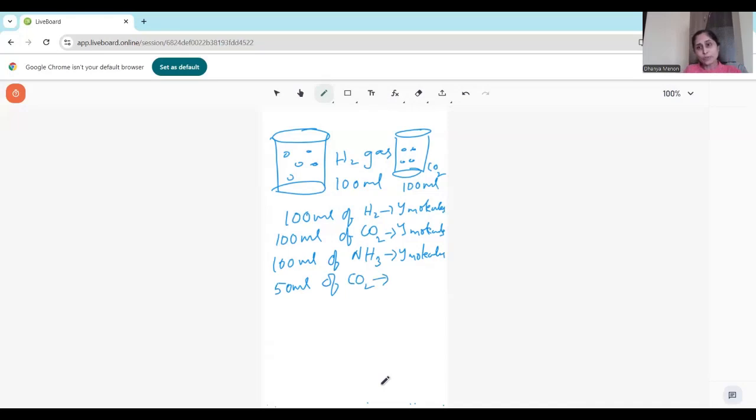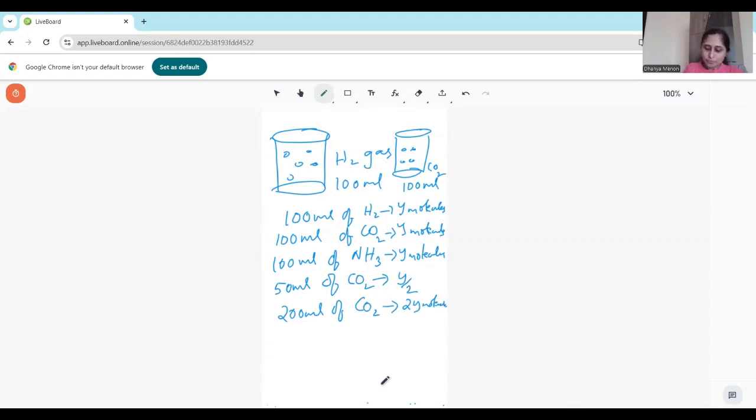Will it have Y molecules? No, that also will be half, Y by 2. If I double the volume, suppose 200 ml, not double, 2 times, if I make the volume 2 times, it will have 2 times the molecules.